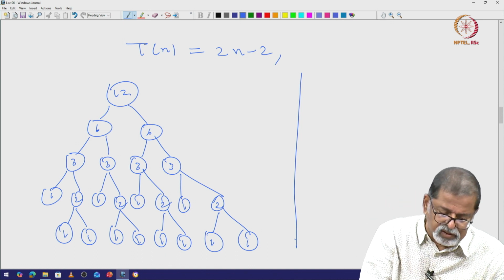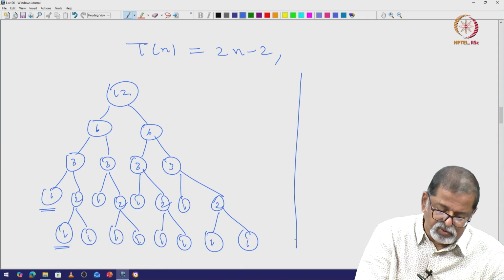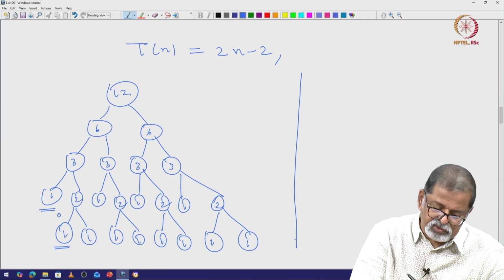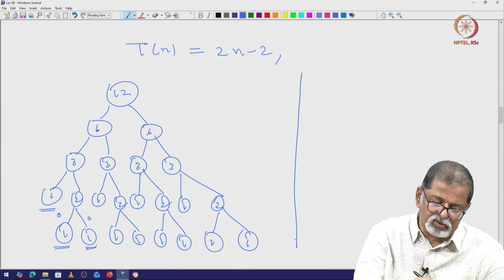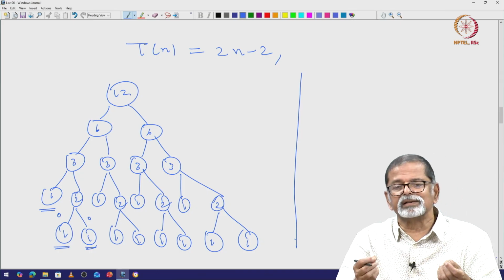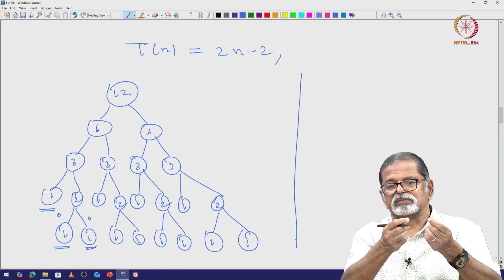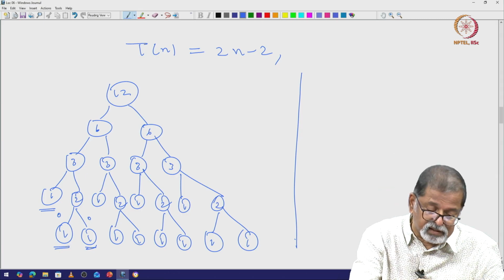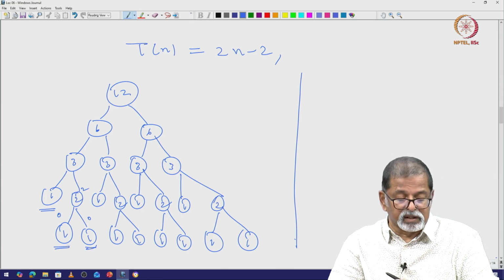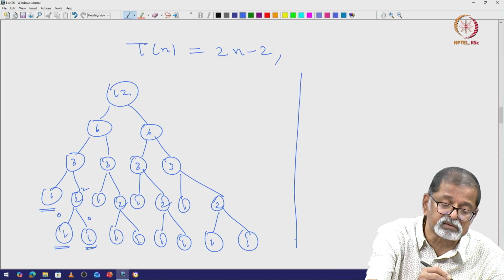For example, this 1 or this 1 is going to return 0, but you are going to compare the minimum and maximum, right? 2 comparisons at an internal node.